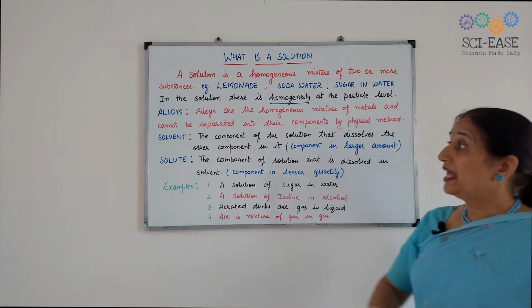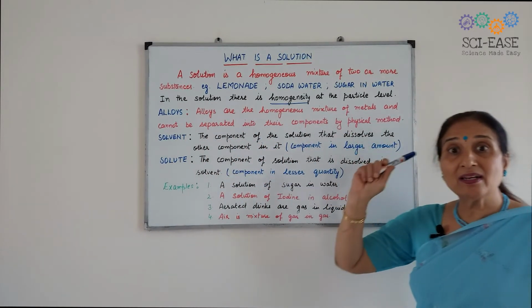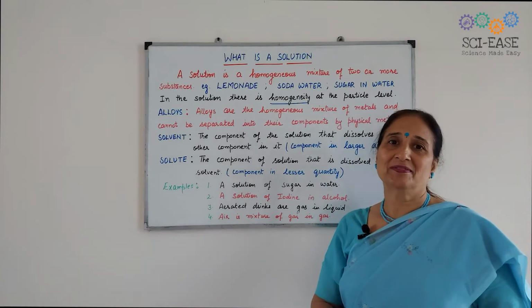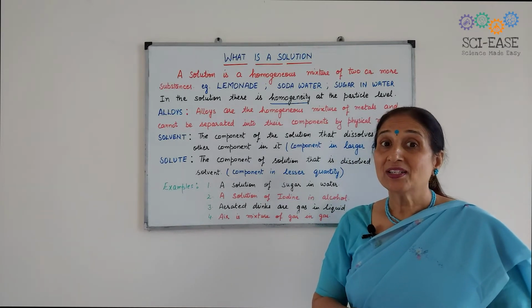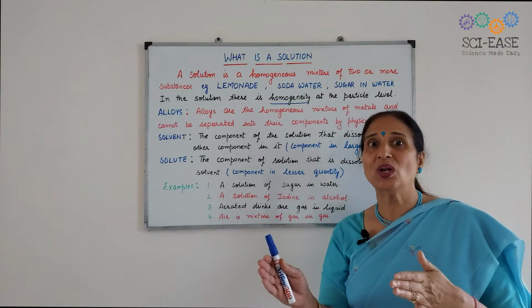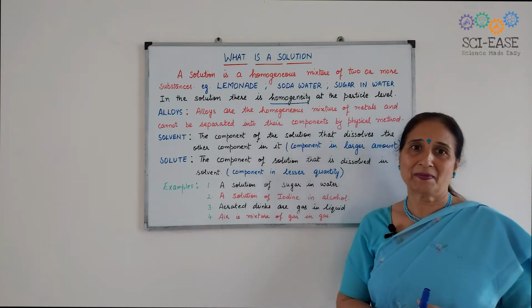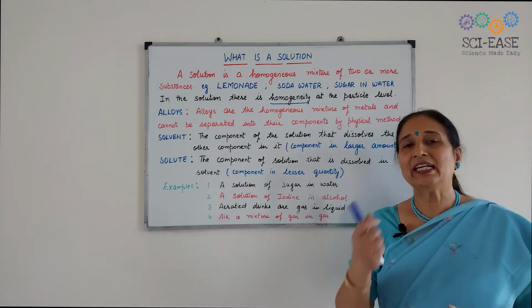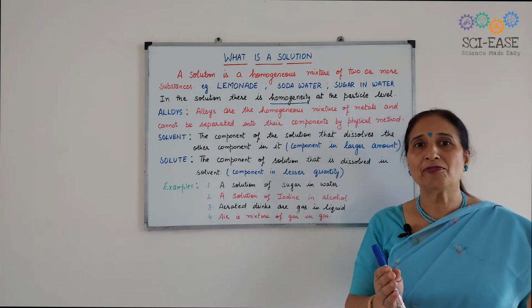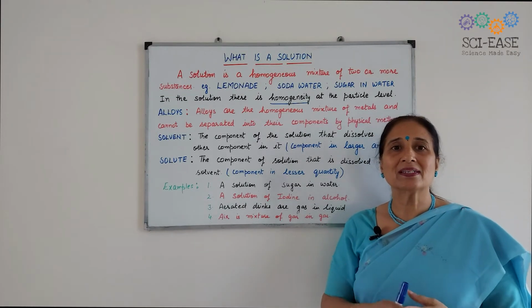They cannot be separated into their components by physical methods, but still they are known as mixtures because the constituents of the alloy retain their properties. Take the case of brass. Brass is made up of 70% copper and 30% zinc.